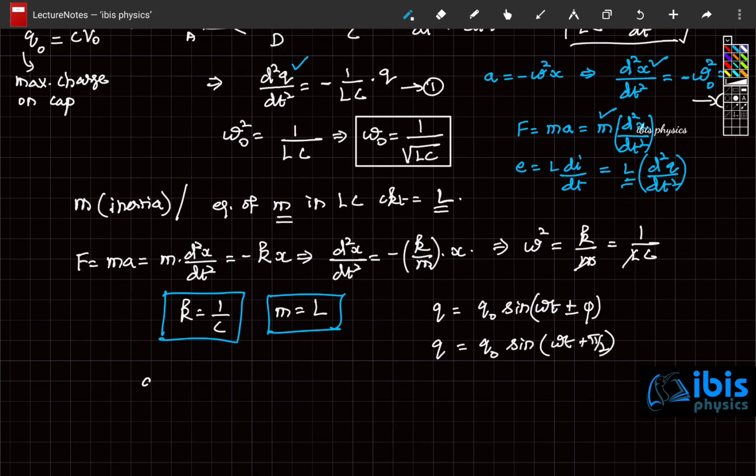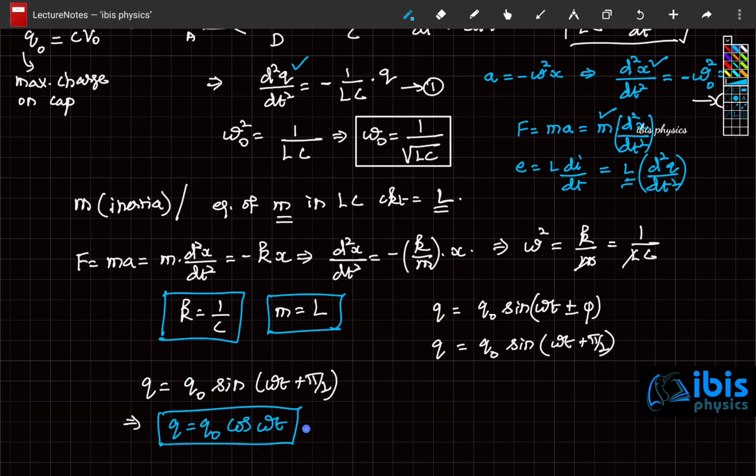So the charge at any instant on the LC circuit is q naught sine of omega t plus pi by 2, which can be written as q naught cos omega t. This is the equation of charge on the capacitor.